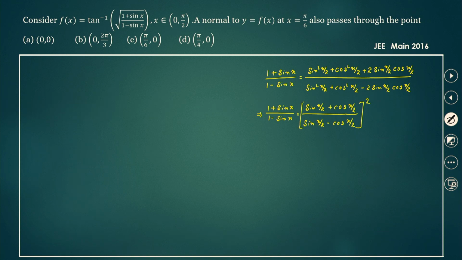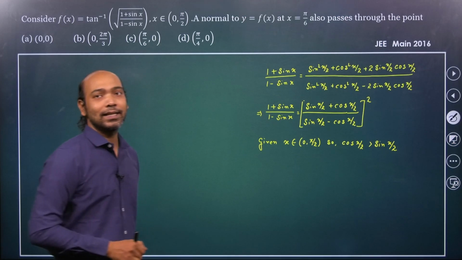Now see that it is given that x belongs to the interval 0 to pi by 2. So cos x by 2 is greater than sin x by 2. In this interval, cos x by 2 is greater than sin x by 2.